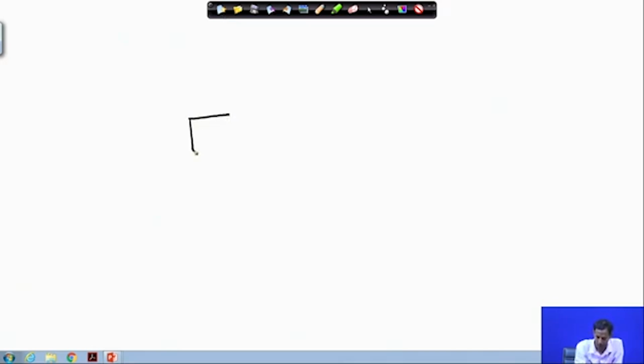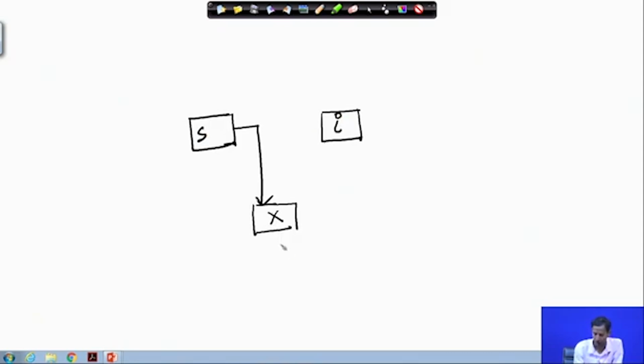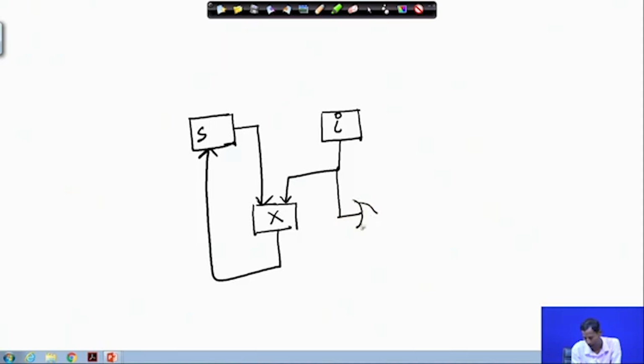If I draw the circuit, this is the multiplier, this is S, and this is I. It comes back here, and I is connected to this.